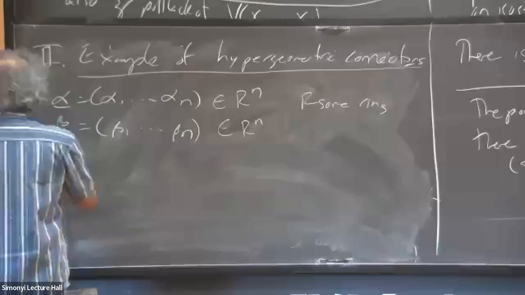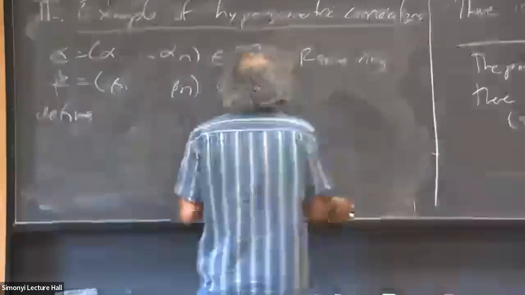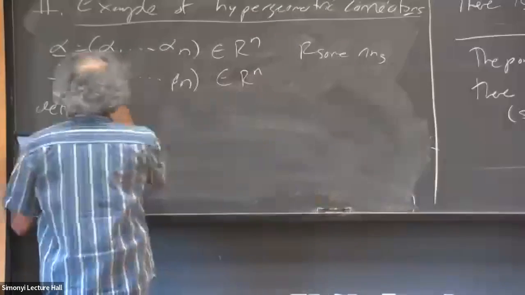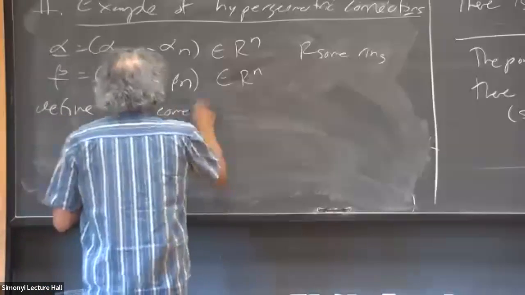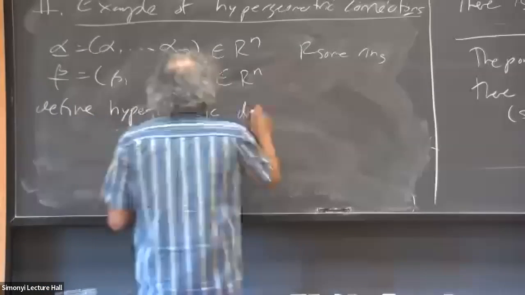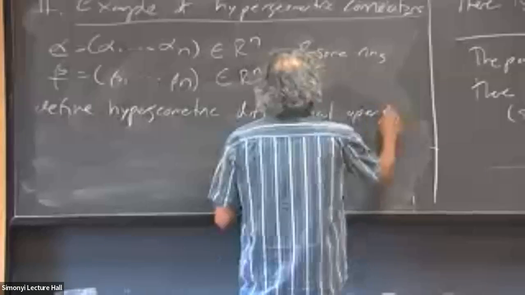One way to define a hypergeometric connection is to first define a hypergeometric differential operator. This is going to be an order n differential operator.